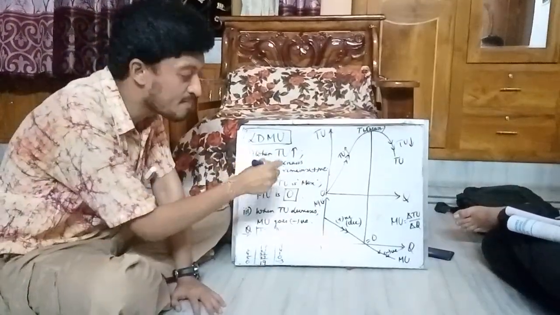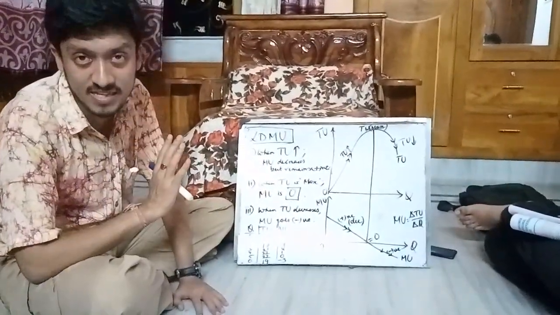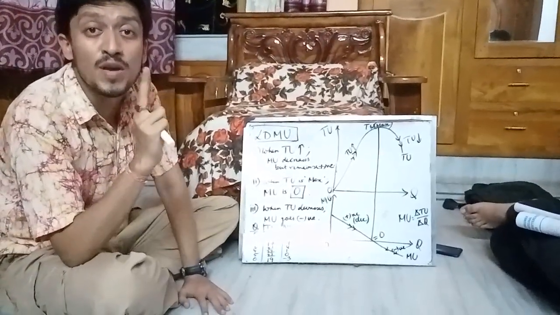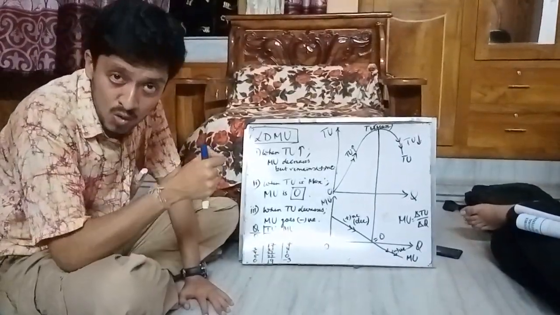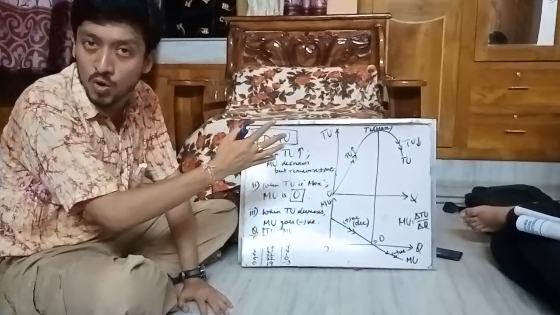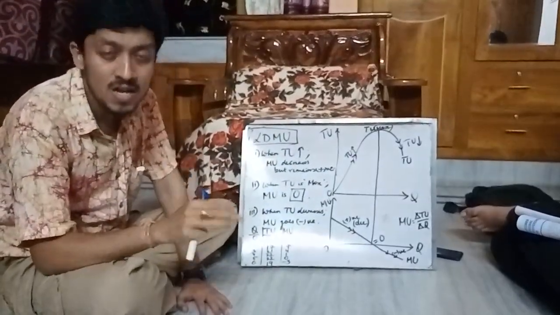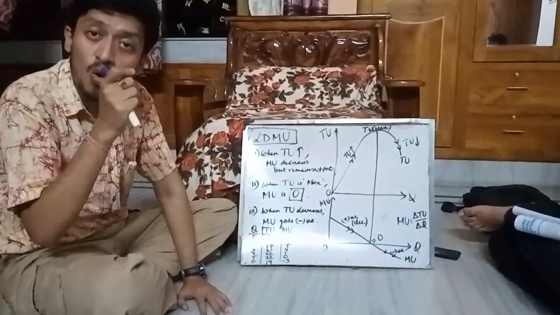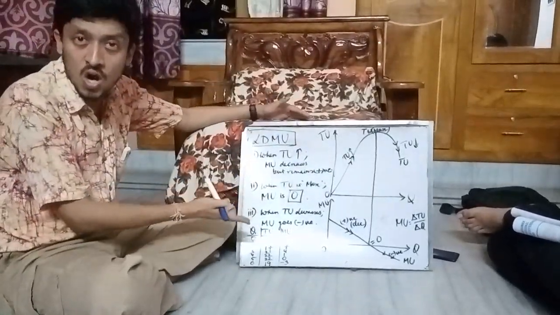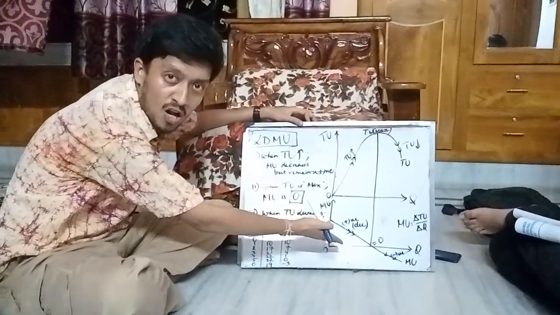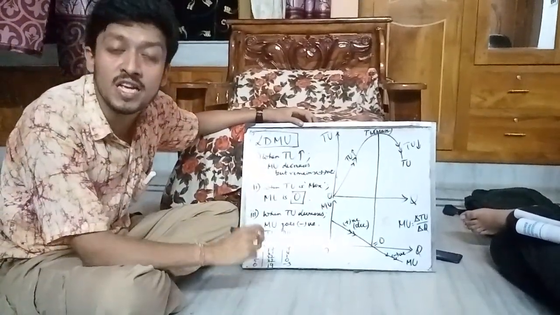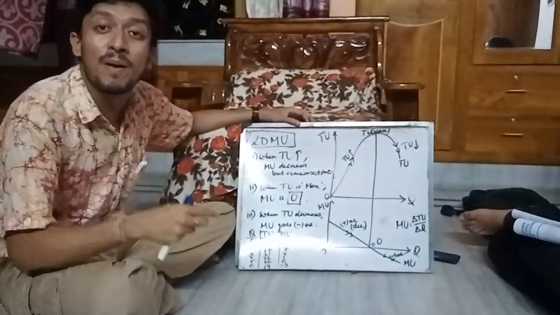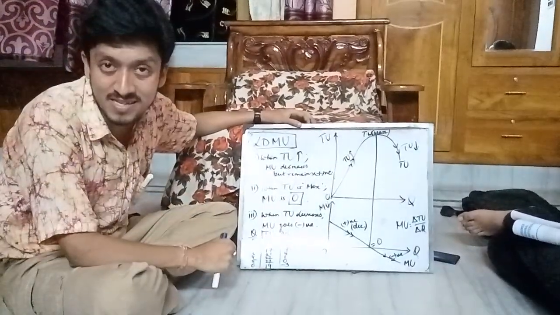Second, we are using the cardinal utility approach given by Alfred Marshall. Third, the commodity whose marginal utility will fall is a commodity which can be consumed by dividing into fragments.